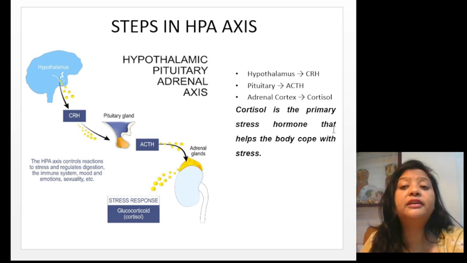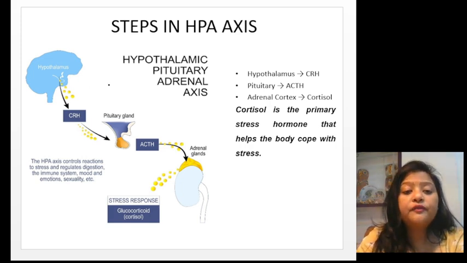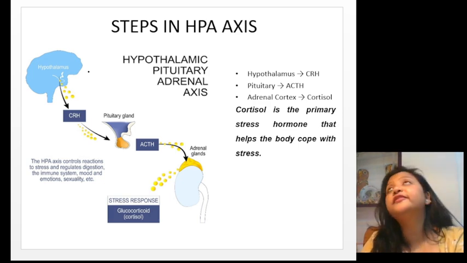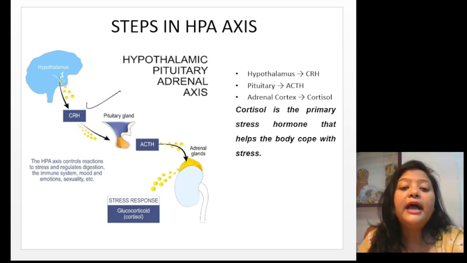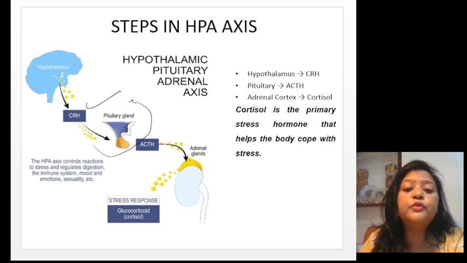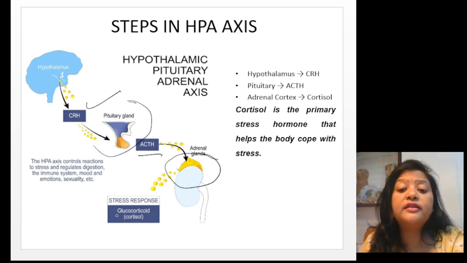Now coming to the steps in the HPA axis, let's talk about it in a bit more detail. As I have told, the hypothalamus will first be activated and start responding, and it will release CRH, as told in my previous slide. Then it will signal the pituitary gland to produce ACTH, and that will signal the adrenal glands to produce the stress hormone, also known as cortisol.